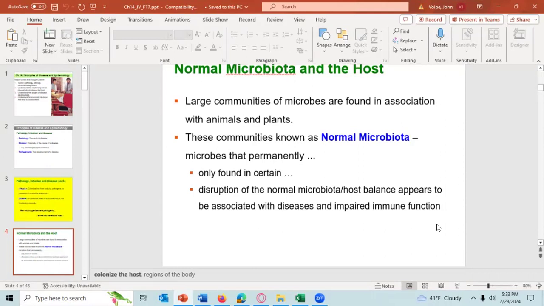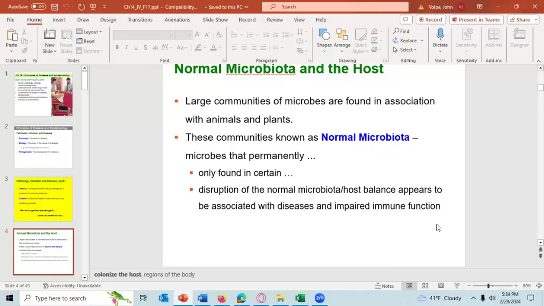Like, for example, cats have Bartonella henselae as part of their normal microbiota. In humans, if we have that, it is only during an infection, and it causes cat scratch fever in humans. Any question about any of that?